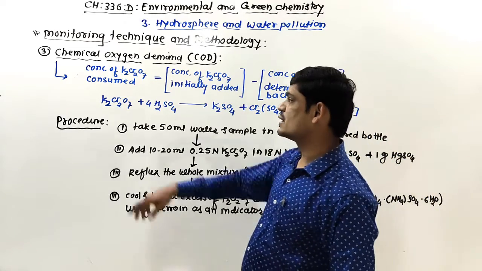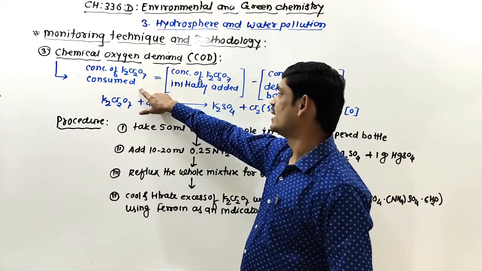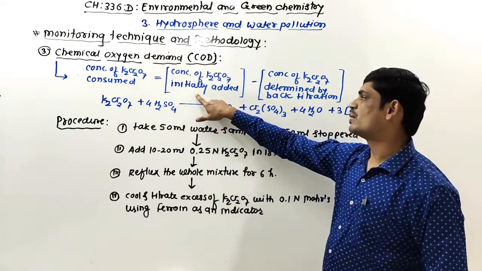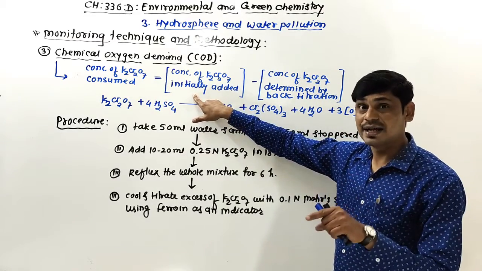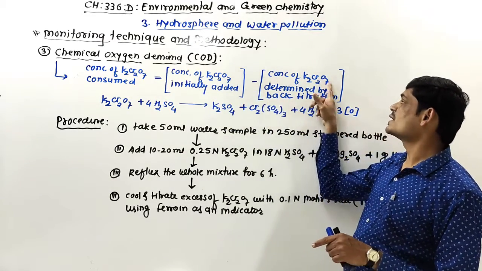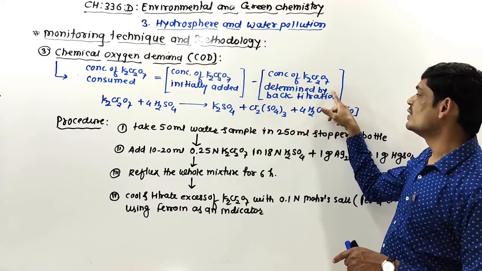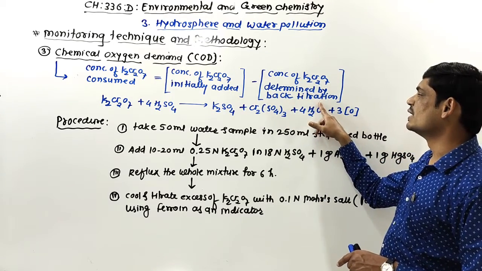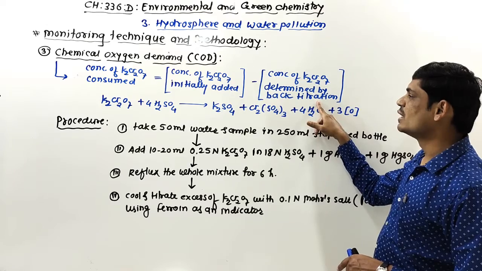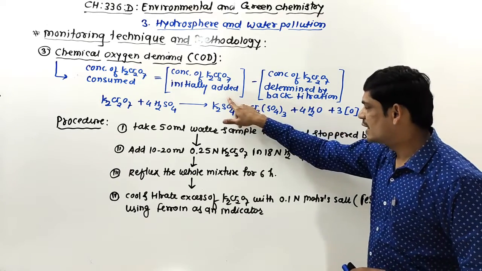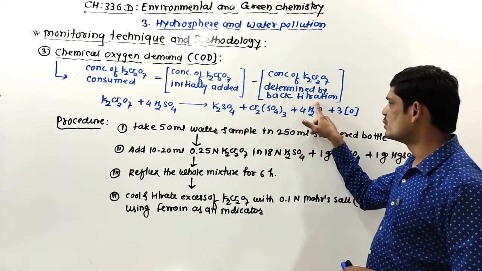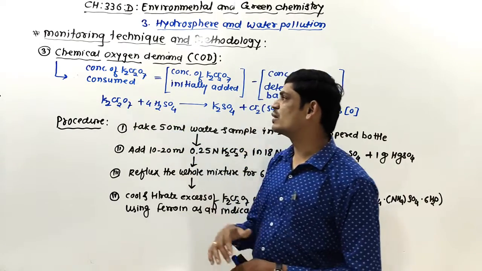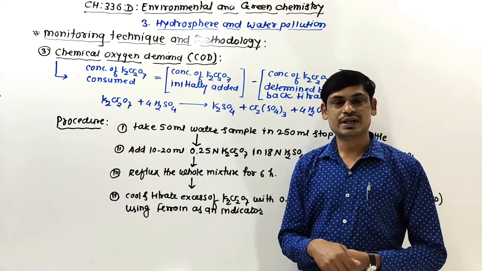So the concentration of potassium dichromate consumed is equal to the concentration of potassium dichromate initially added minus the concentration of potassium dichromate determined by back titration. This is nothing but the unconsumed. These are subtracted, this is unconsumed, so that we will get the consumed concentration of potassium dichromate.